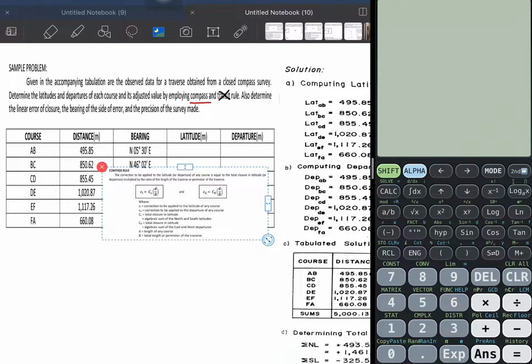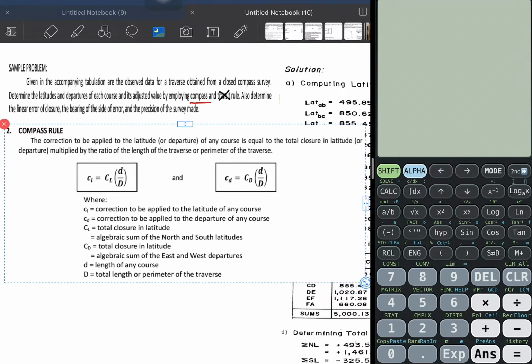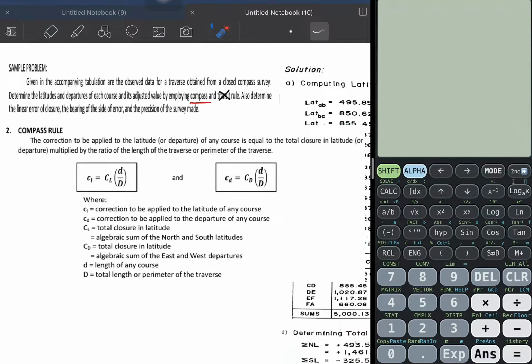So for the compass rule, you have this formula. Small letter CL is equal to big letter CL multiplied by the distance of any course or distance of the specified line, for example that is distance of line AB, divided by the total distance, or big letter D, the total distance or total length of the traverse or the perimeter of the traverse.